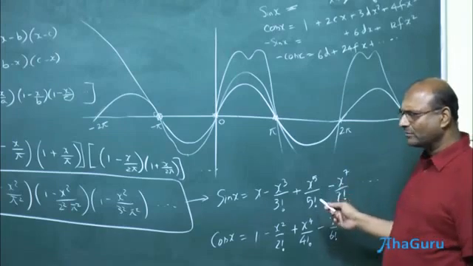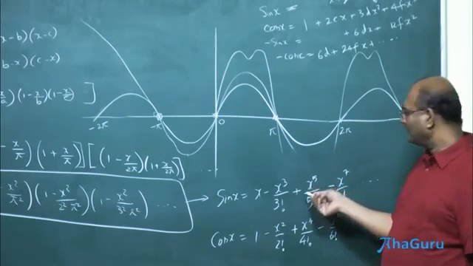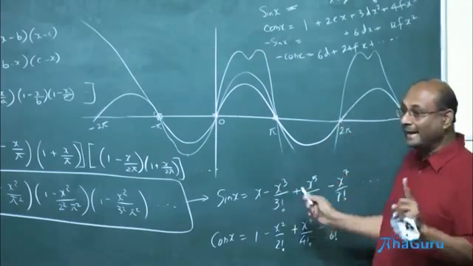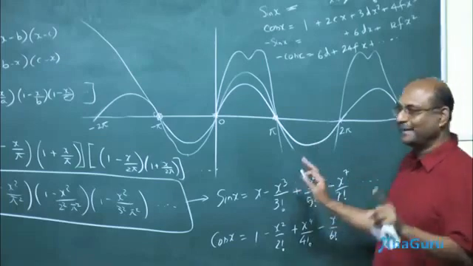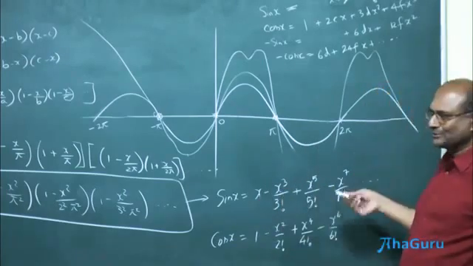Is that correct or wrong? No? Sorry, I'm messing up. I times, not I power. I times. Okay. Because obviously it can't be I power 7 because it's already there.